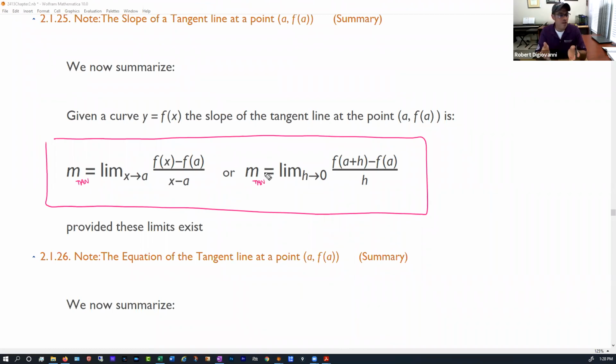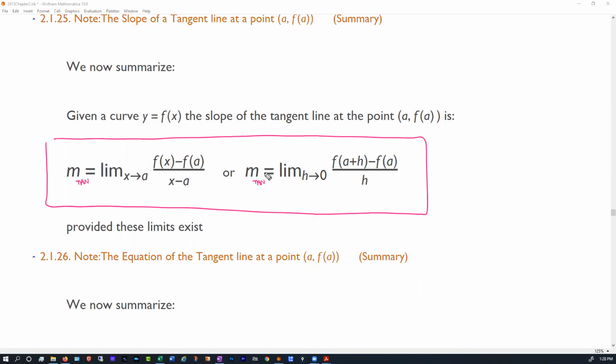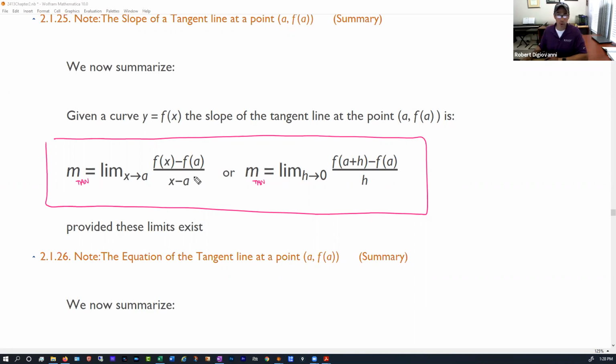I don't know who asked which one we use. Vivian. Okay, Vivian, really it comes down to each problem can be easier or harder depending on which one you use. A lot of people pick one of these and say, that's the one I'm always going to use.